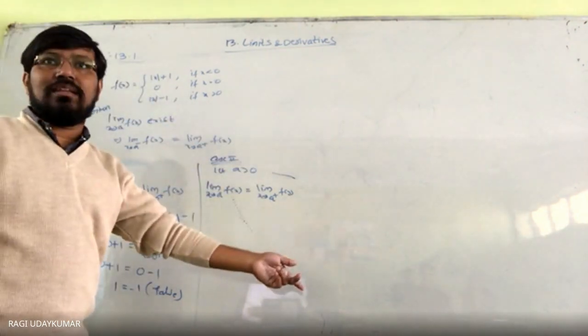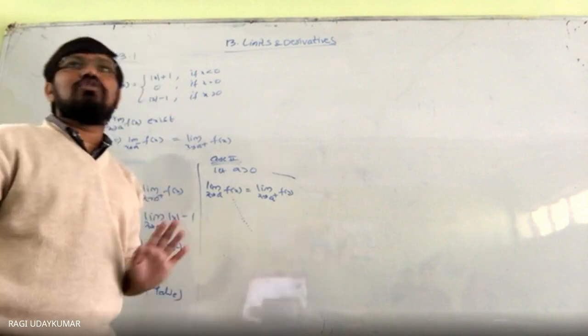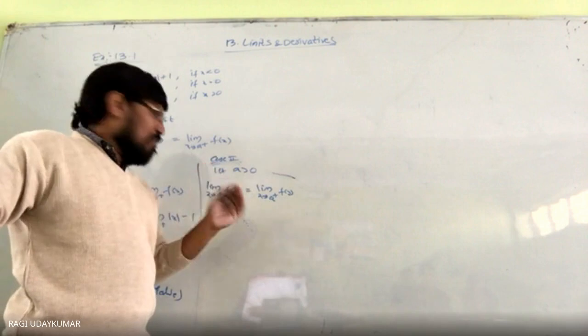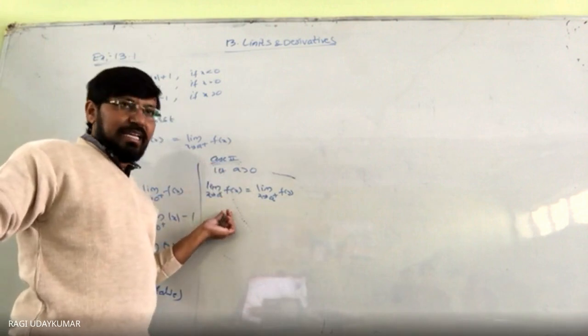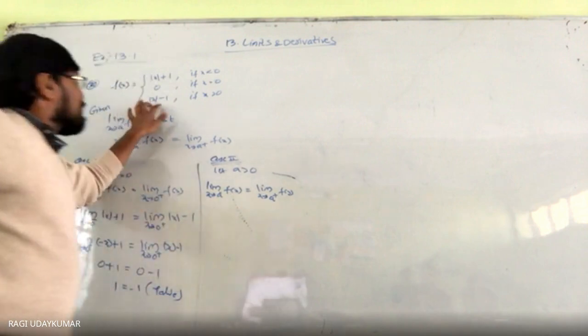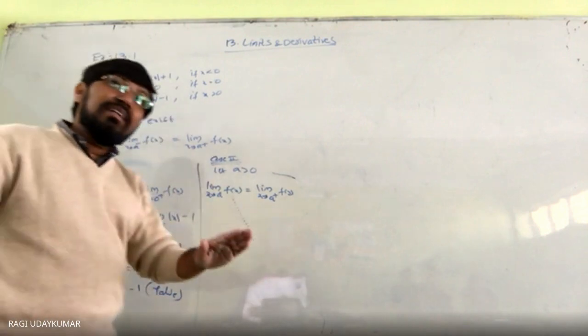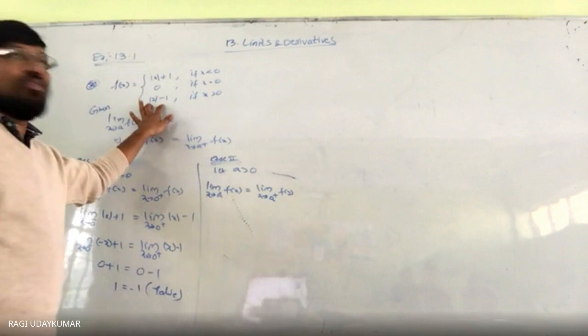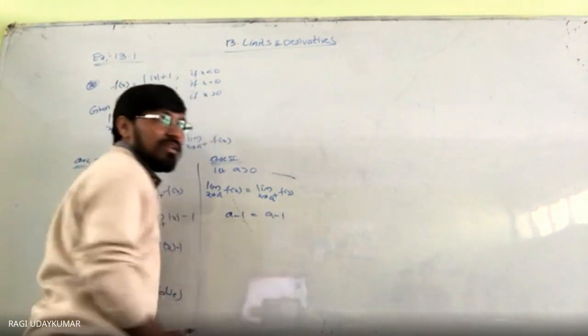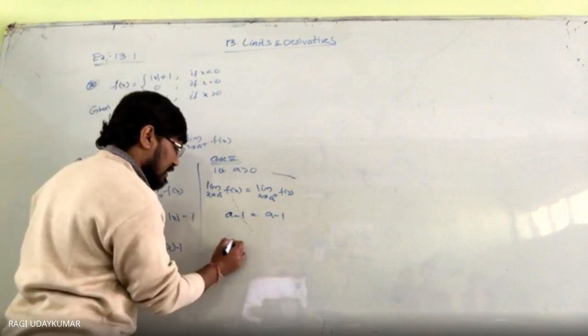Same on the other side, 5 minus 1. The same function is taken in both cases, the other function is not. Because I am taking 5 as the example, 5 on the left side is positive, so this function, and 5 on the right side is positive, so this function. So in both cases you get a minus 1, equal. Therefore it exists.